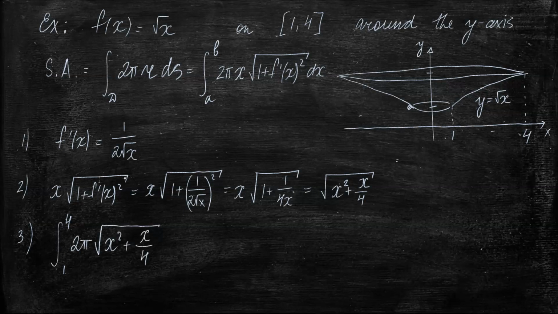Now it's a simple integral, and we actually could do it by hand, but just to save time. To do it by hand, you would just complete the square inside, do substitution, and then it's going to be one of those nice ones, it could be like arc hyperbolic sine or something.